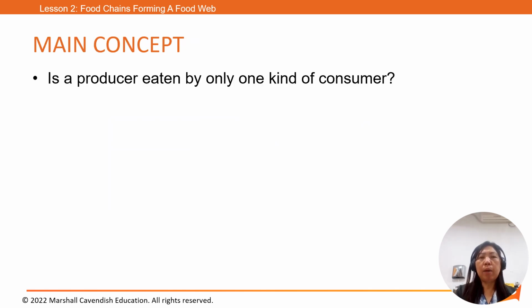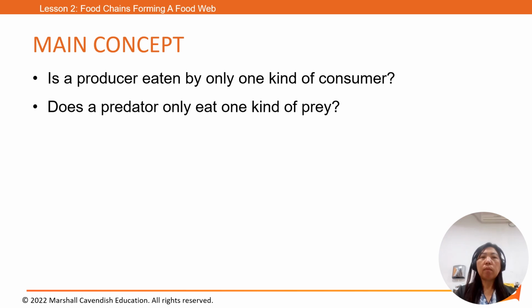Now, is a producer eaten by only one kind of consumer? Just now we have said that the gazelle can be eaten by more than just the cheetah. That means the answer will be no. So does a predator only eat one kind of prey? Again, just now we have concluded that the cheetah can eat more than just one animal.